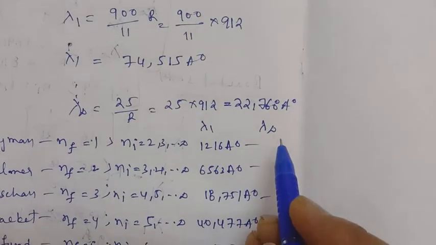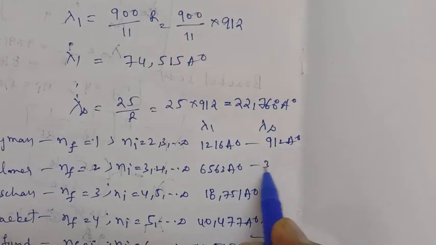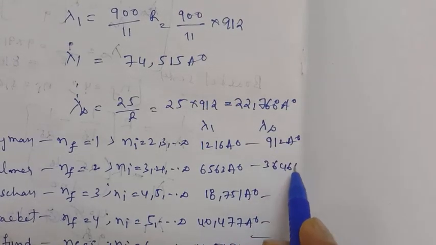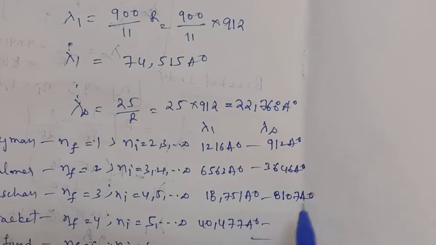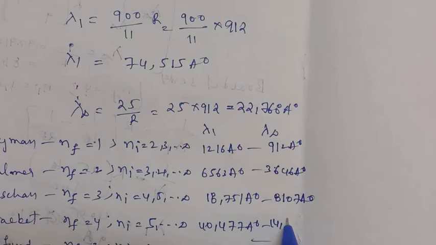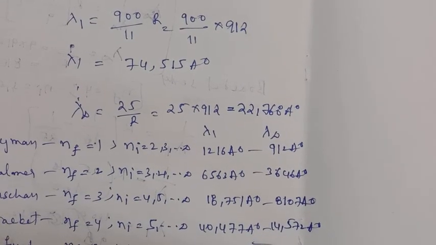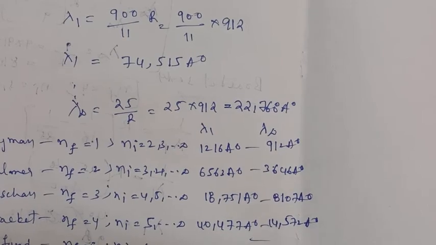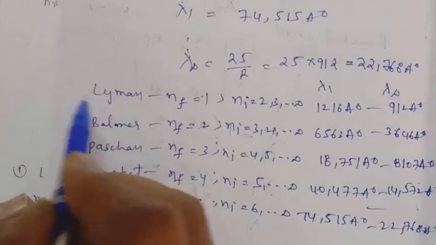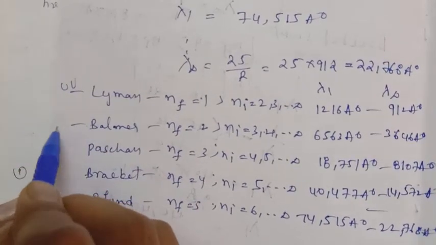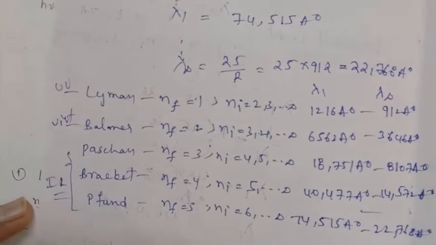And here lambda infinity is equal to 912 angstroms and 3646 angstroms, and it is 8107 angstroms, and this one is 14,572 angstroms, and this one is equal to 22,768 angstroms. So this series, the Lyman series, exists in the UV region, and this one exists in the visible region, and these three exist in the infrared region.